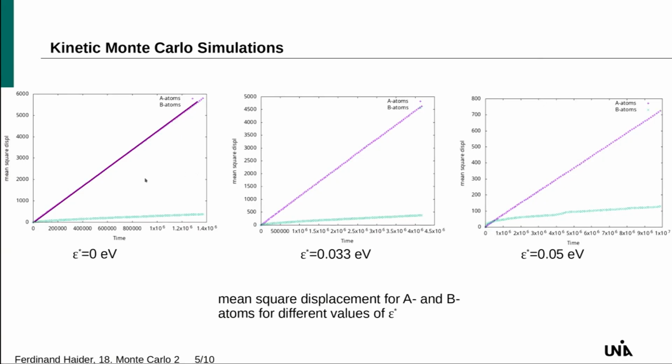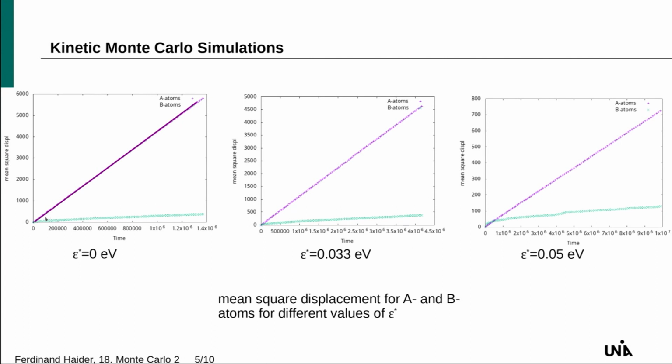Here you see this for the A atoms, this mean square displacement as a function of time, and here for the B atoms. For this asymmetry 0, here it's for an asymmetry of 33 millielectron volts, and here for a larger value of this asymmetry.